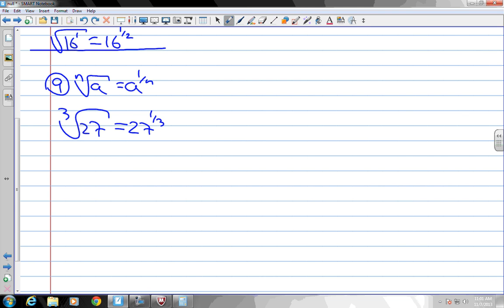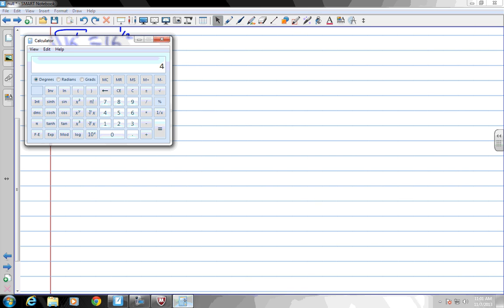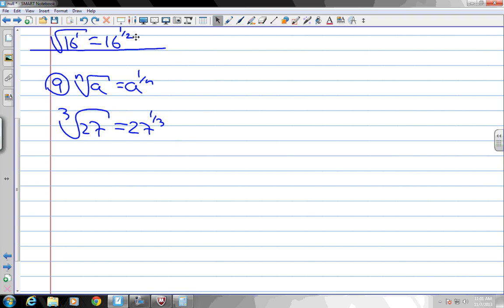We know the cube root of 27, right? What is that? 3. But at the same time, if I take 27 and raise it to the power 1/3, I'll get 3 as well. Okay? So fractional exponents are radicals. In general, that's rule number 9.